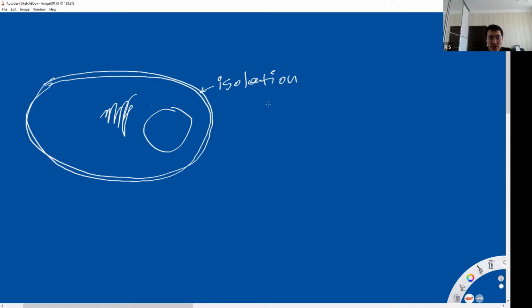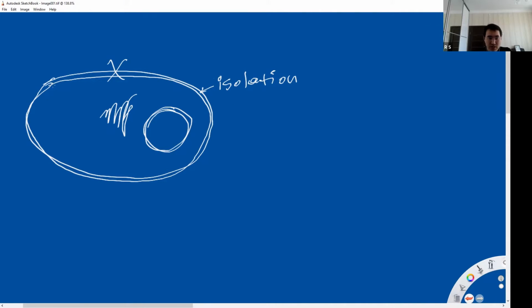Why do we need it? Because if we don't have it, nothing holds these contents within the same place in water or wherever. And this makes this cell kind of dead, or it cannot function at all.